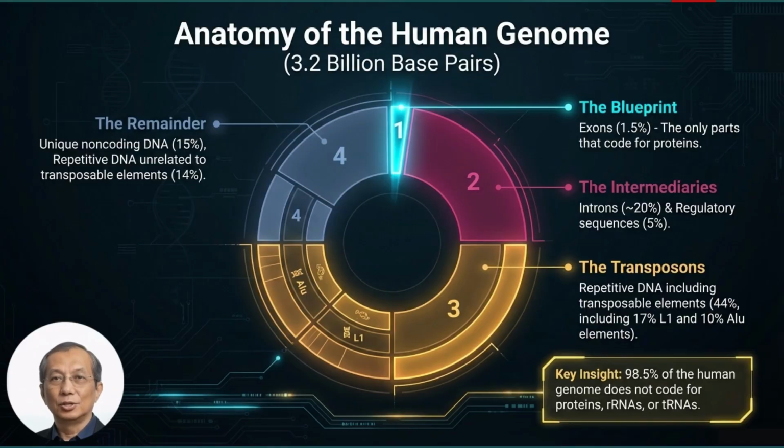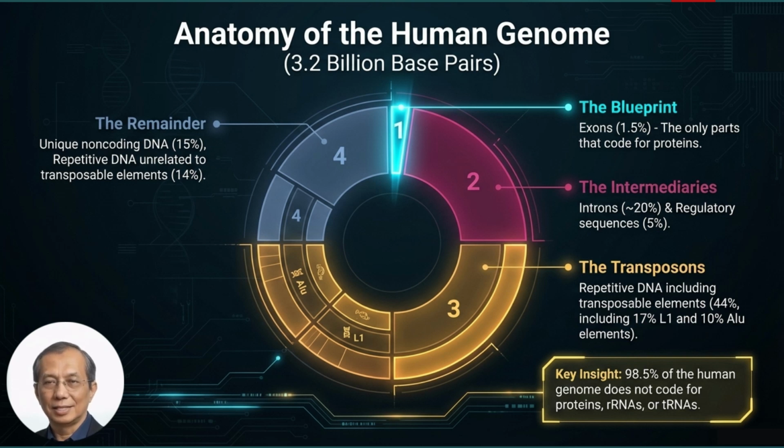Let's take a closer look at the anatomy of the human genome, which comprises approximately 3.2 billion base pairs. A striking insight is that a staggering 98.5% of the human genome does not code for proteins, ribosomal RNAs, or transfer RNAs. Only about 1.5% consists of exons, the blueprint that codes for proteins.